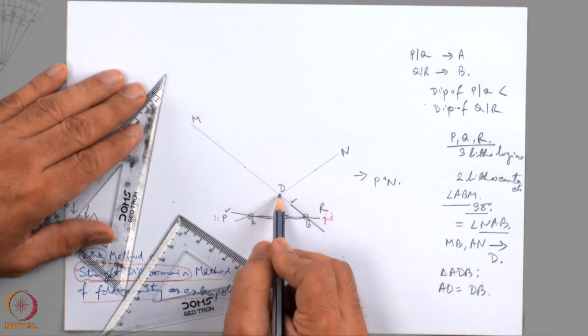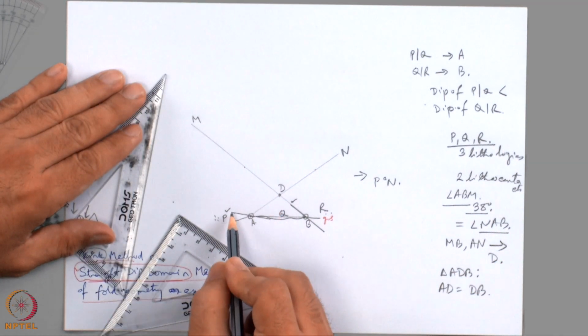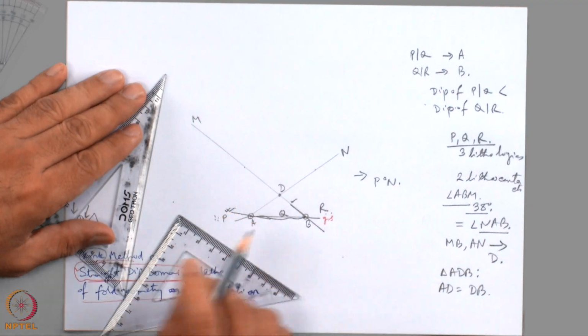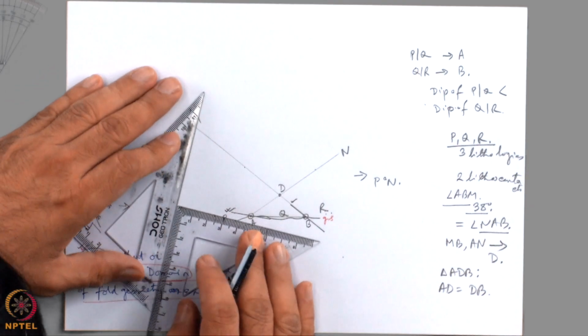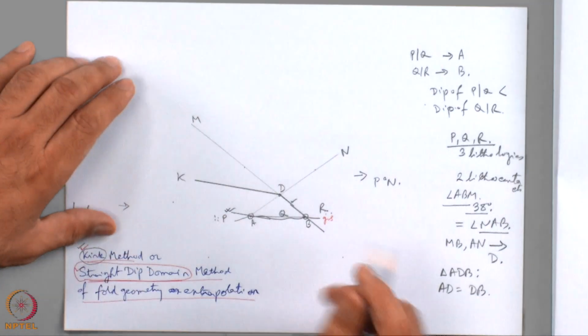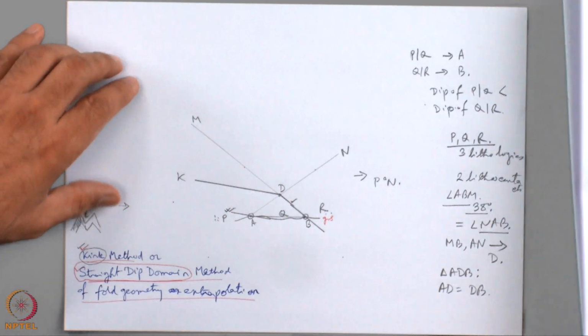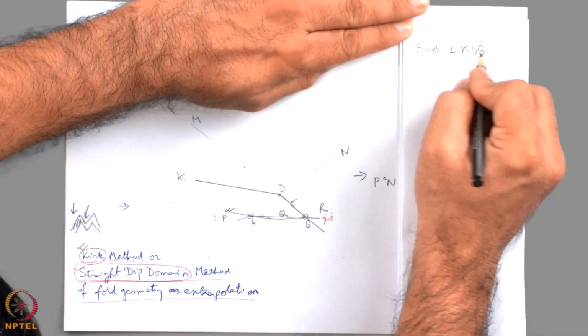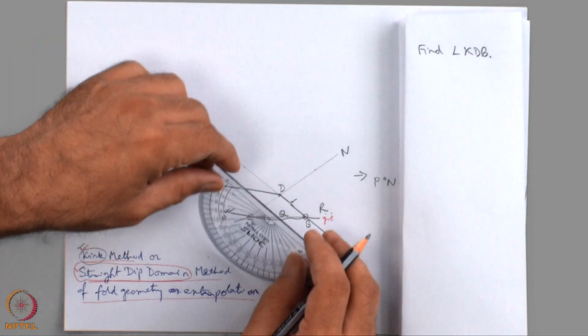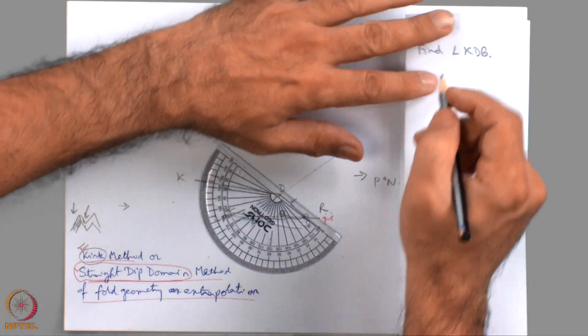Next, from point D, I have to draw a line parallel to this lithological contact. So, I can use set squares to draw that line. The next step is to find out the angle KDB, and I can do that. It is 150 degrees in my drawing.